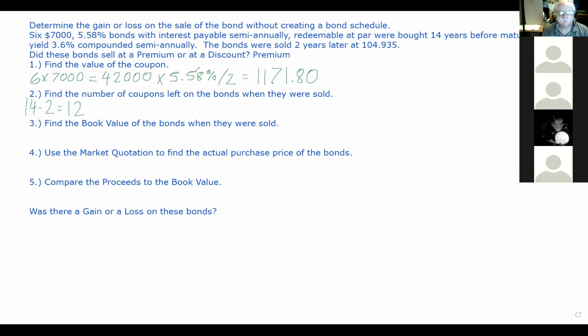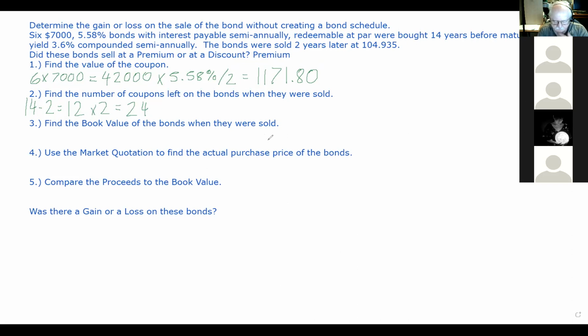And then they're semi-annual, so times 2 is going to equal 24. We should have 24 coupons left. So find the book value of the bonds when they were sold.